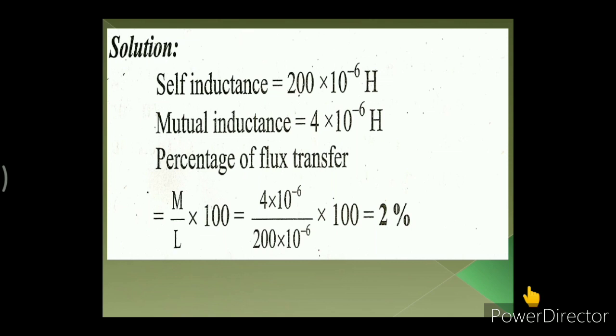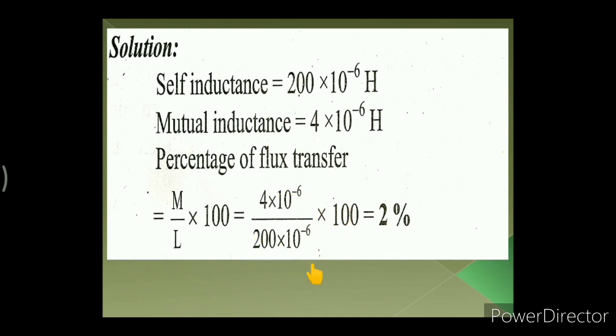That means we have to calculate the percentage of the flux transfer, which is given as M upon L into 100. The value of M is 4 into 10 raised to minus 6 Henry, and the value of L is 200 into 10 raised to minus 6 Henry. In this formula for the percentage of flux transfer, M upon L into 100, we substitute the values, and after the substitution it becomes 4 into 10 raised to minus 6 upon 200 into 10 raised to minus 6 into 100.